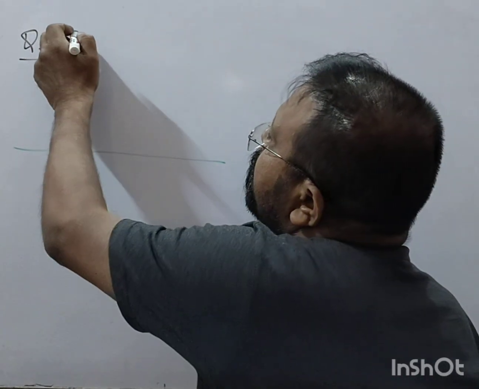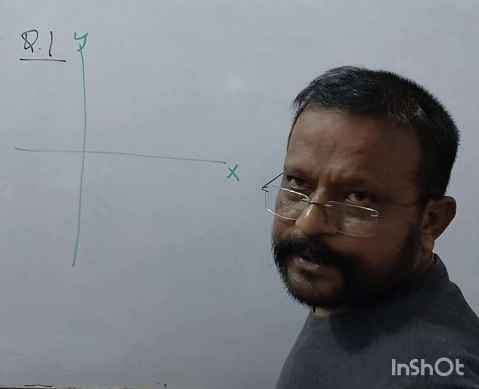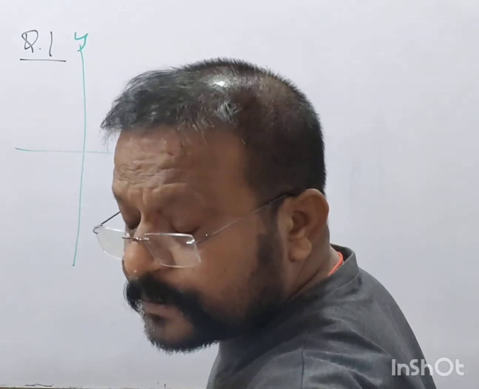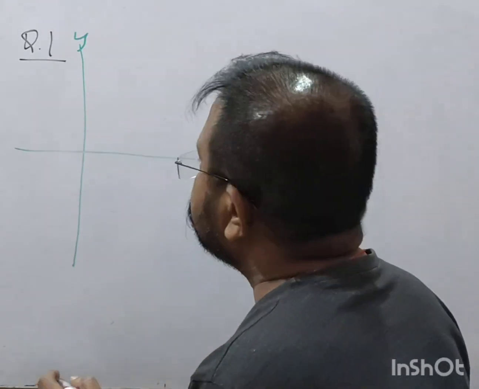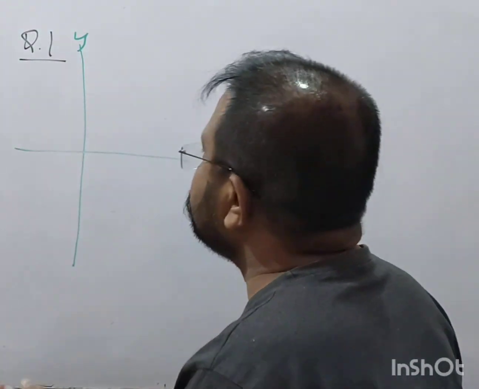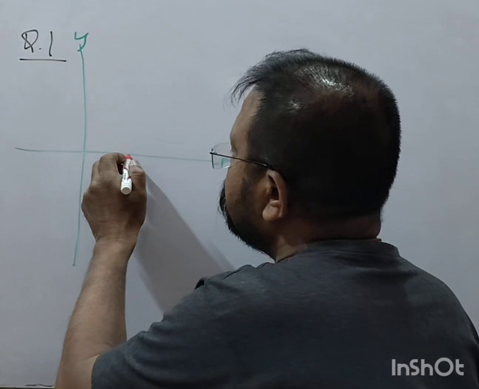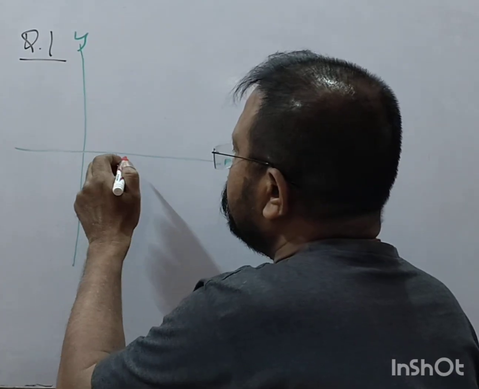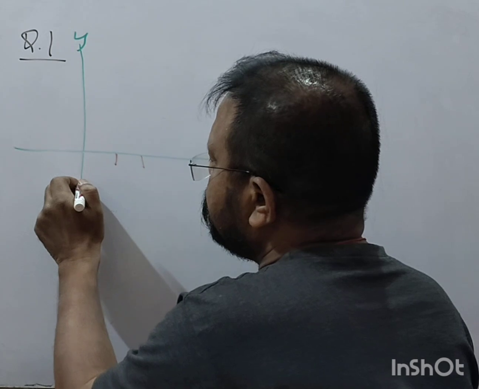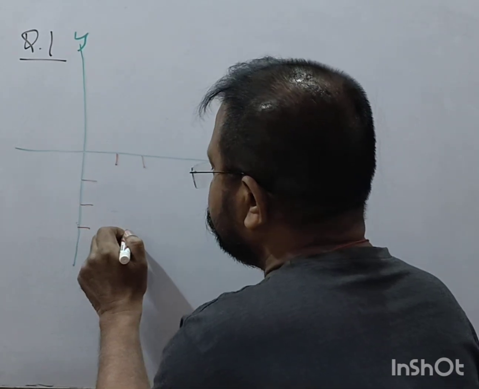So this is the y-axis. This is the x-axis. Right? There are 2 points given to us. There is point X, that is 2 comma minus 3: 1, 2, 2 comma minus 3, 1, 2, 3. So this will be here.